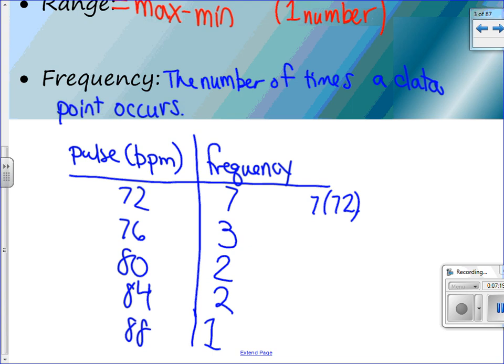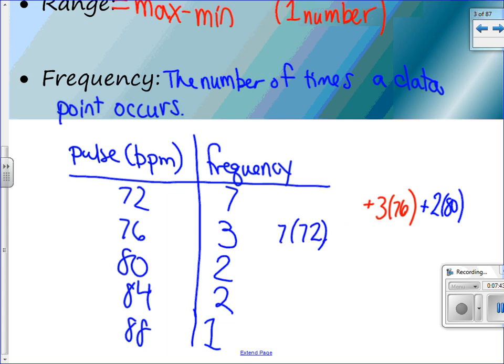So that's why you have to multiply 72 by 7 to account for every single person that had a pulse of 72. And then we have to add it to 3 times 76, because 3 people had a pulse of 76. And then 2 people had a pulse of 80. 2 people had a pulse of 84.